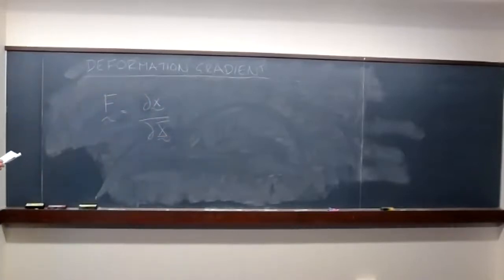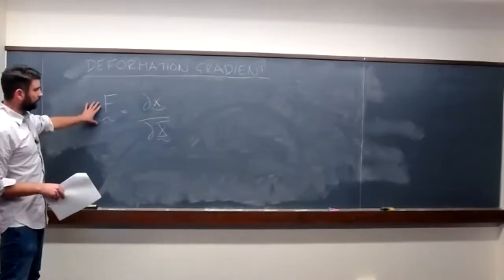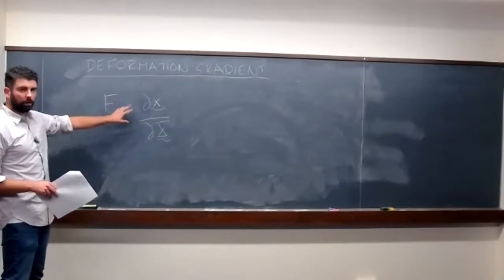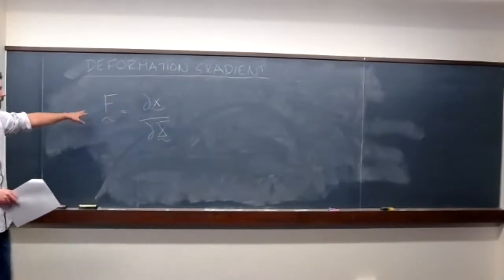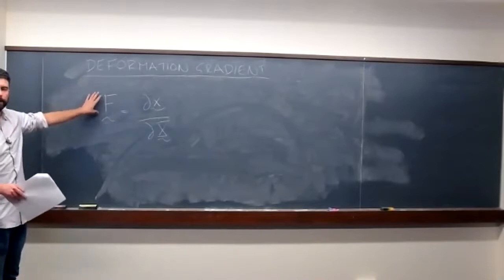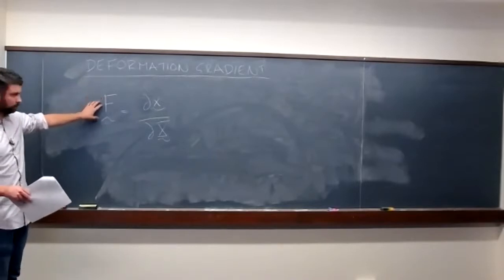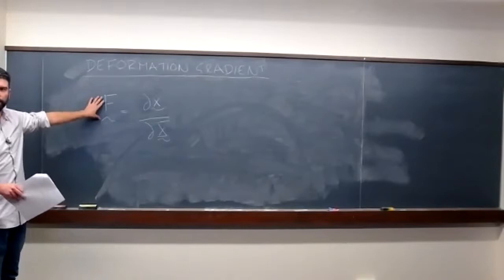And so, what does this really mean? This means that if we go down to a small enough size scale, there's a point where we can treat our mapping like a linear transformation. This F is a linear transformation.